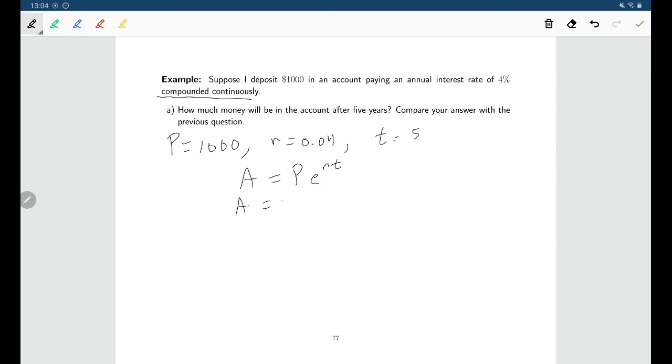We have $1,000 times e to the power of 0.04 times 5. And 0.04 times 5, that's the same thing as 0.2. So this is 1,000 times e to the 0.2. And if we use our calculators, we'll find it's about 1,221.402. So since it's money, I'll go to 2 decimal places: $1,221.40.